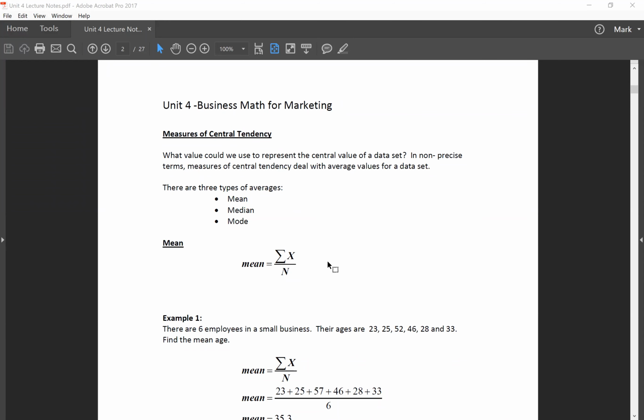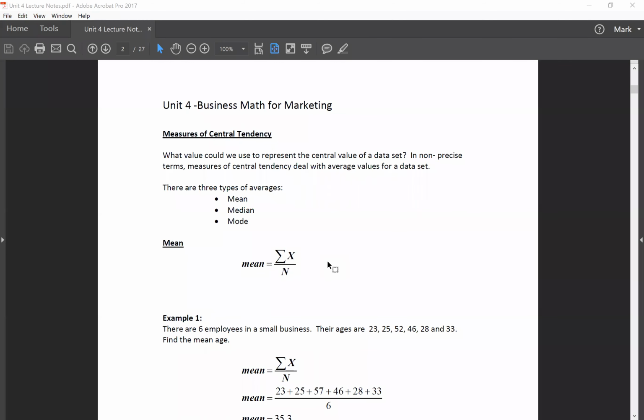So unit 4, business math for marketing. Well, the first thing most business students do is a little bit of statistics. I don't know if you guys have done any statistics yet at the college. I think it might be 1760, or I'm not sure of the number, but there's entire courses on just statistics.